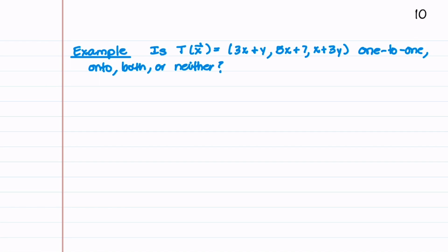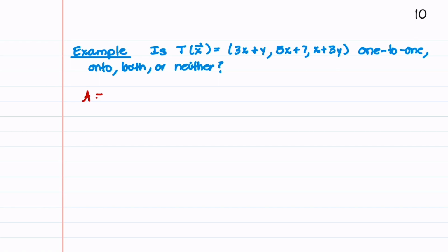Let's now put this into practice to determine if T of x, given here, is one-to-one, onto, both, or neither. When we decide if a transformation is one-to-one or onto, we really have to look at the standard matrix for the linear transformation, which is matrix A. So let's write down what matrix A is.